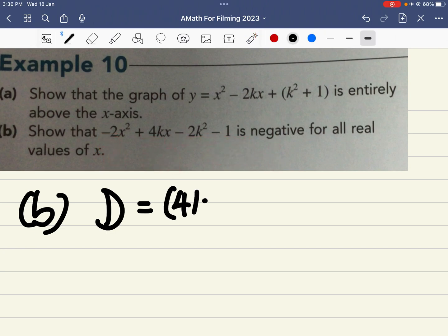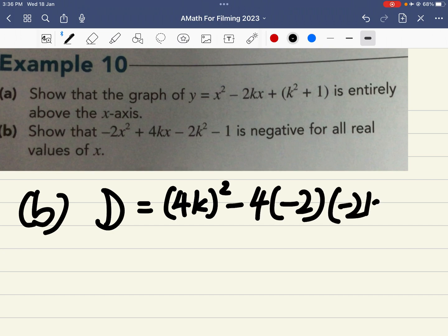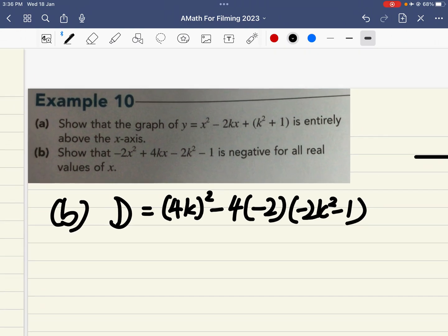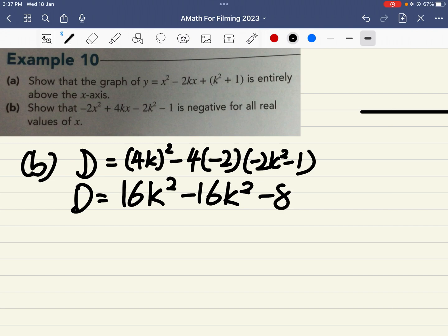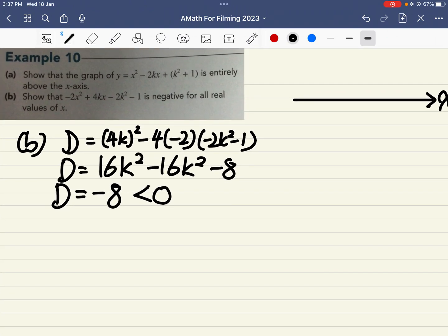So discriminant b squared minus 4ac, simplifying, 16k squared minus 16k squared minus 8. So discriminant equals negative 8. This is less than 0.